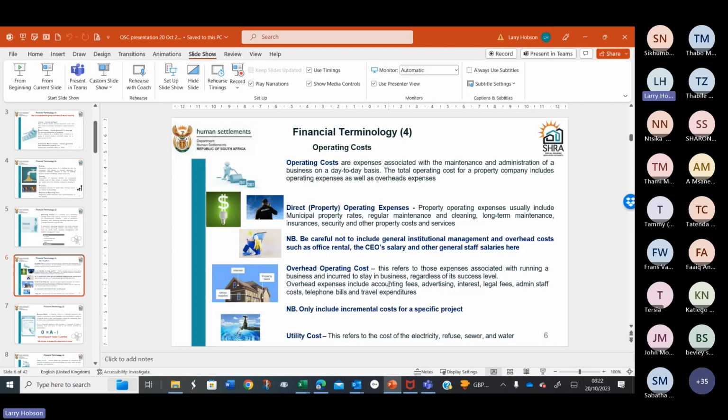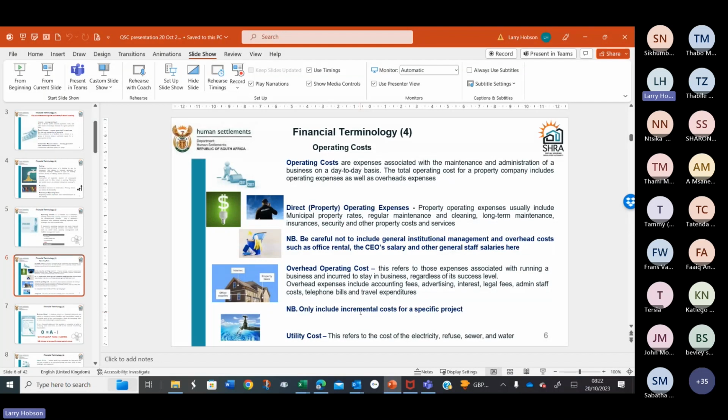In the quick scan C, when we're looking at the overhead section, we only include the incremental overheads that are incurred. So if we've had to employ somebody extra at the head office to manage rental collection, that will come in as an overhead, but we won't necessarily apportion the CEO's salary, because the CEO would have been there anyway, so that's not an overhead related to the project.